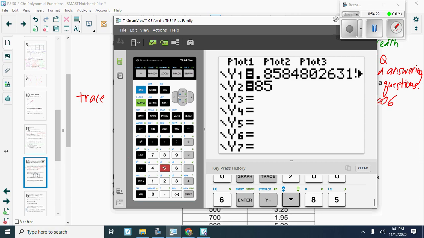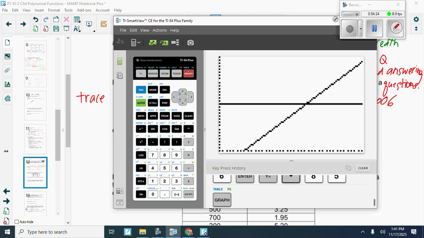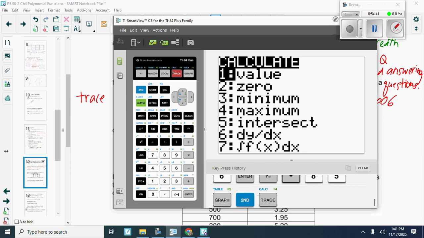So this was our 85, and we want to know in what year did we hit over 85? You're going to use your intersect feature. Second trace, intersect.